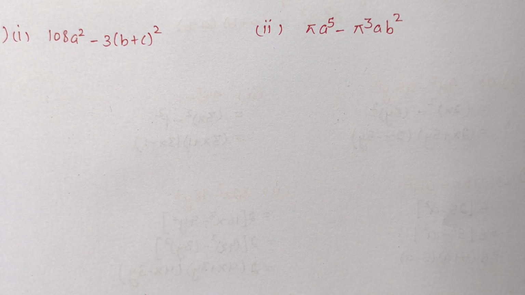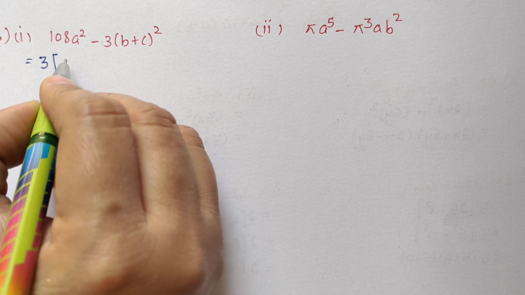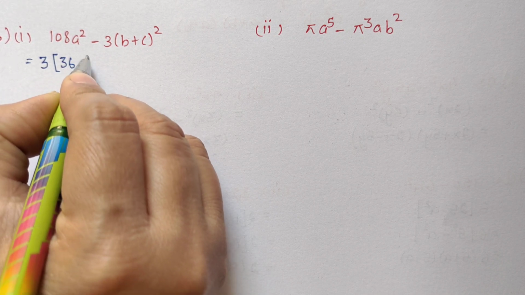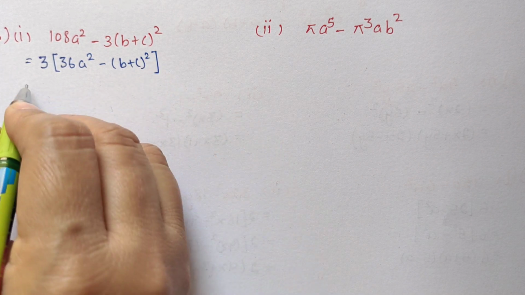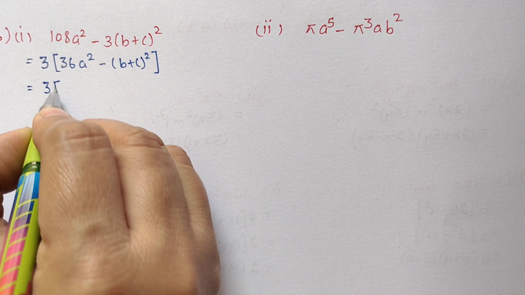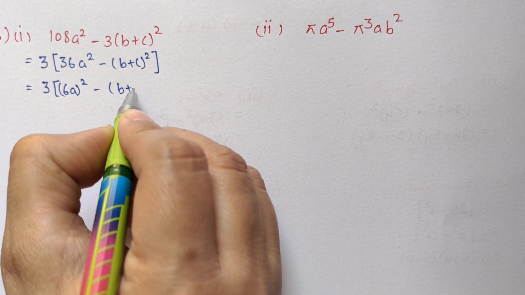Next is sixth question, first part: 108a square minus 3(b + c) whole square. Here 3 we can take out common. It will become 36a square minus (b + c) whole square. 36 also we can write as (6a) whole square minus (b + c) whole square.